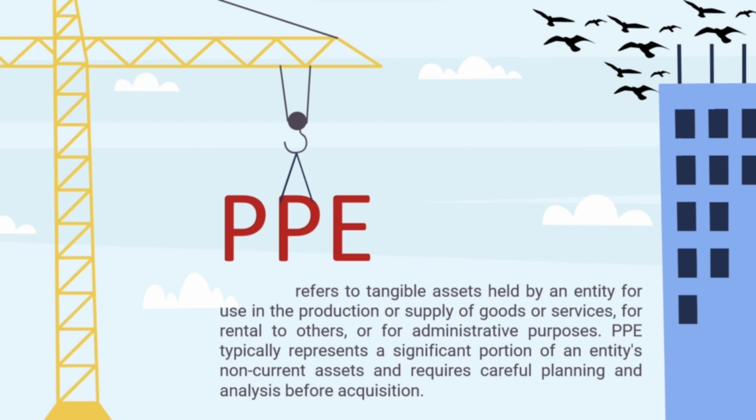Property, plant, and equipment refers to tangible assets held by an entity for use in the production or supply of goods or services, for rental to others, or for administrative purposes. It typically represents a significant portion of an entity's non-current assets and requires careful planning and analysis before acquisition.